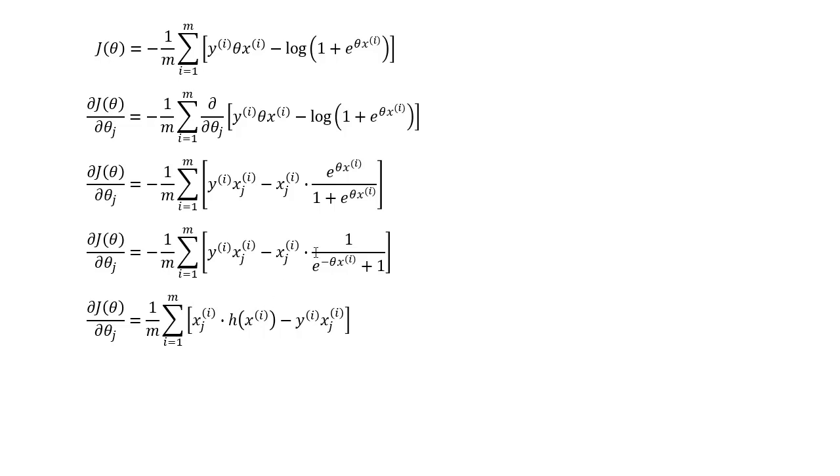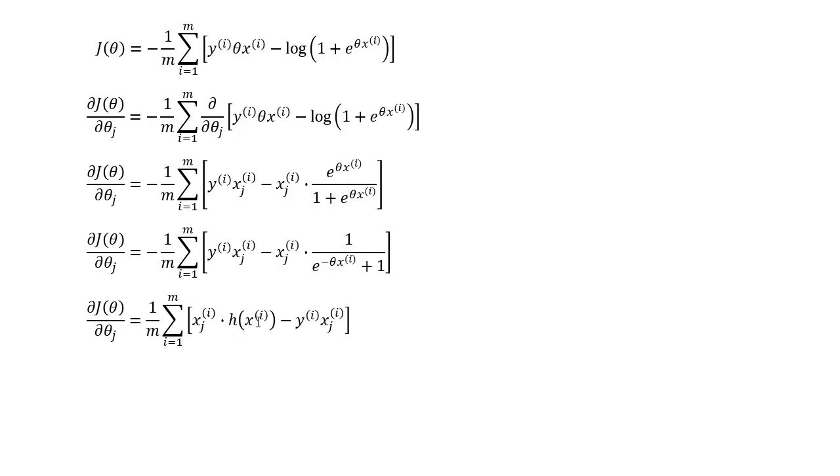Now, if you look at what we have written here, I'm going to swap the order of the terms, and then I'm going to look very carefully at this term right here, because the 1 over e to the negative theta x_i plus 1 could be written where the denominator pieces are flipped. So this would be 1 over 1 plus e to the negative theta x_i.